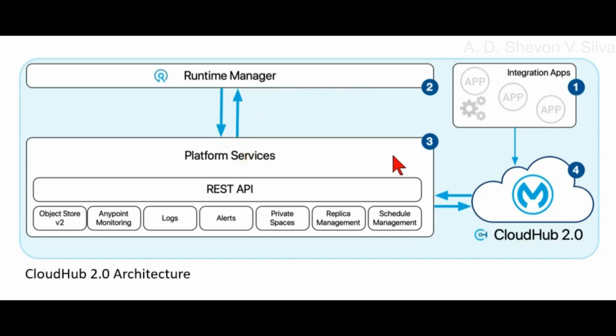Platform services, shared CloudHub 2.0 platform services and APIs, which include endpoint monitoring, alerting, logging, account management, private spaces, secure data gateway, and load balancing.